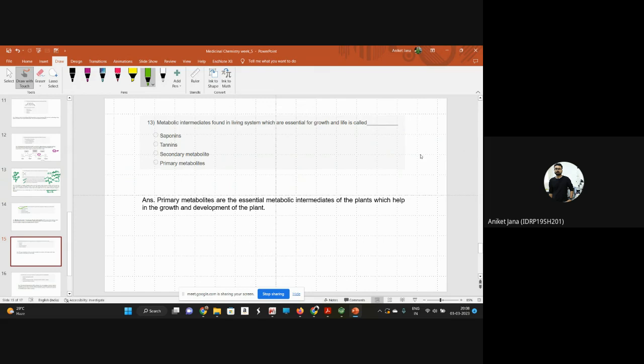Now, metabolic intermediates found in the living system which are essential for growth and life are called the primary metabolites. What is a primary metabolite? Carbohydrates.